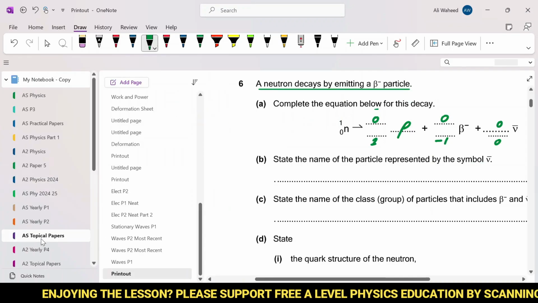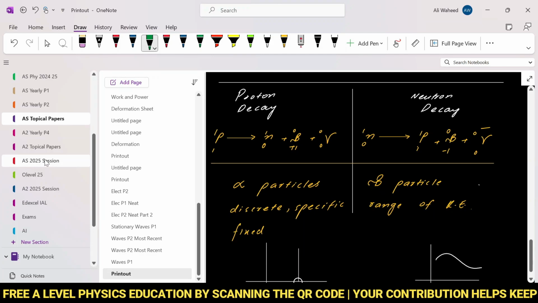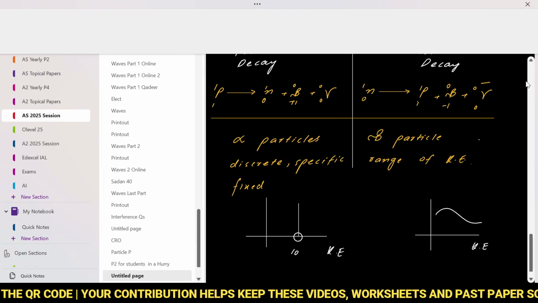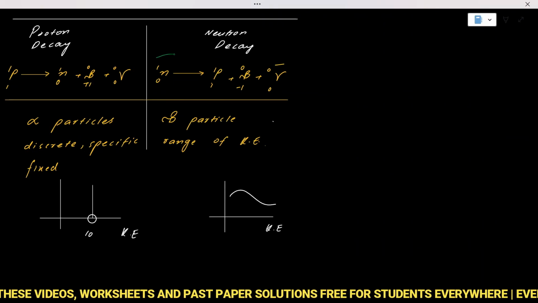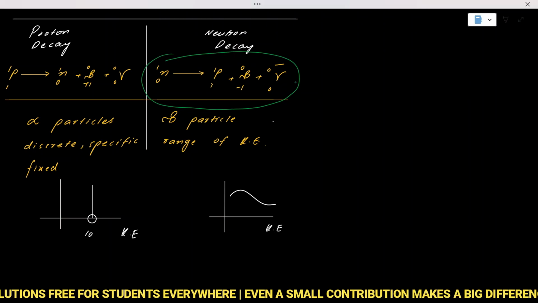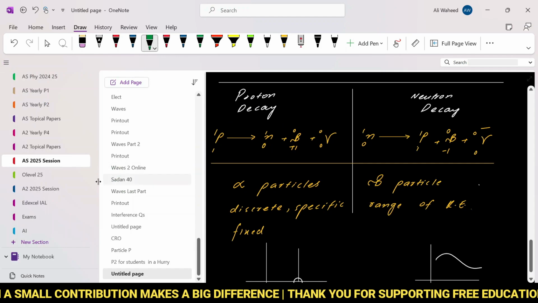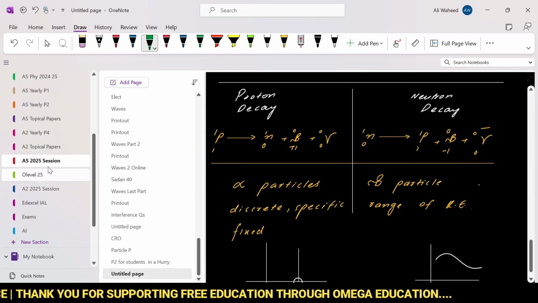We did this exactly over here. Look, in the lesson, neutron decays into proton.